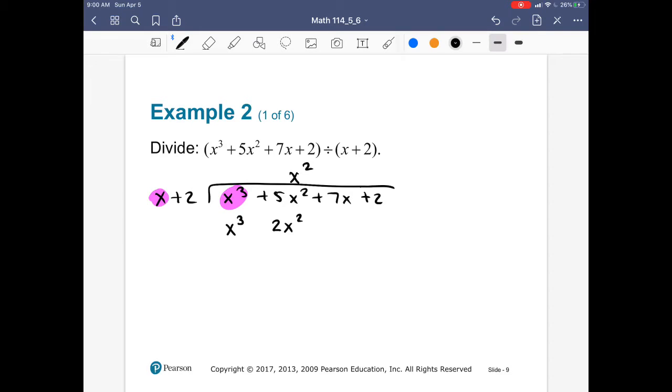So a positive times a positive will give you positive. So this technically should be a positive. But remember that we have to subtract. So that means that I have to distribute this negative, making those signs at the end negatives. Okay?